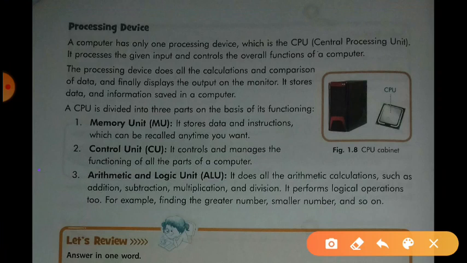It processes the given input and controls the overall function of a computer. Dear students, the processing device does all the calculation and comparison of data and finally displays the output on the monitor. It stores data and information saved in a computer.